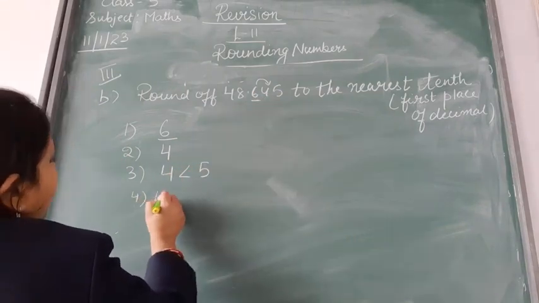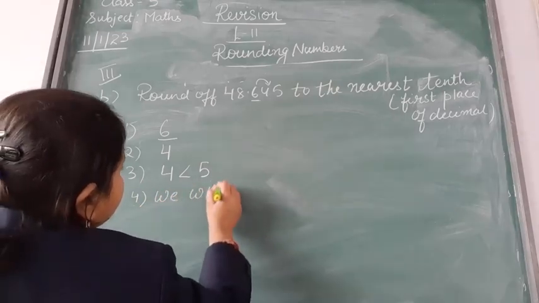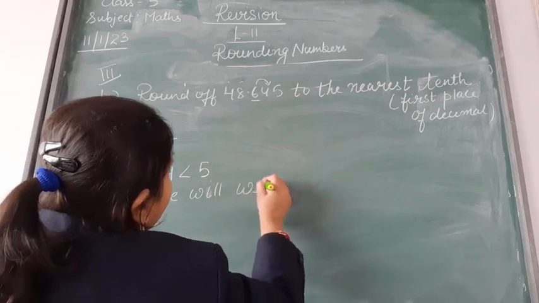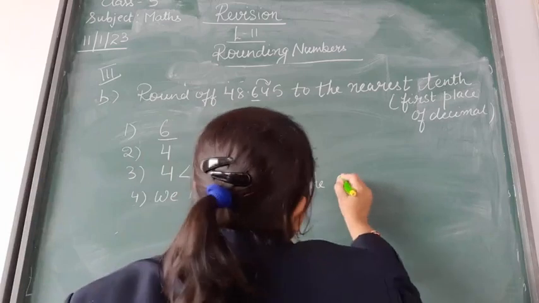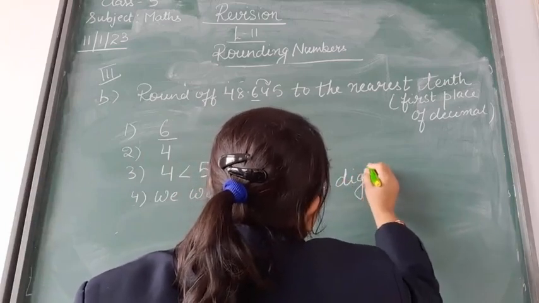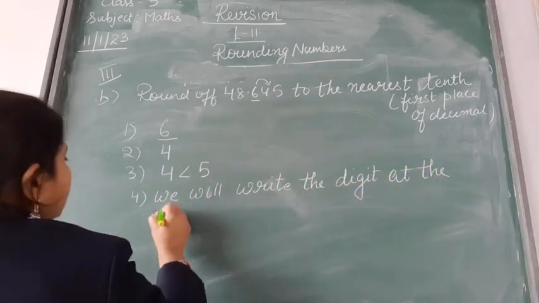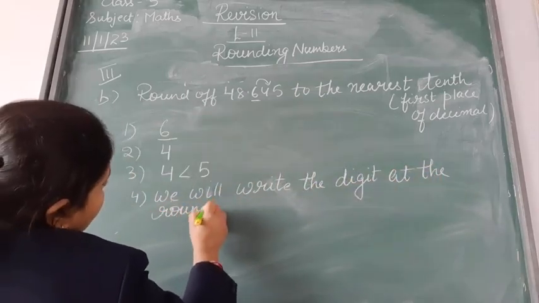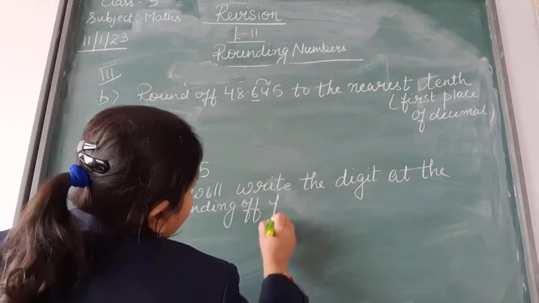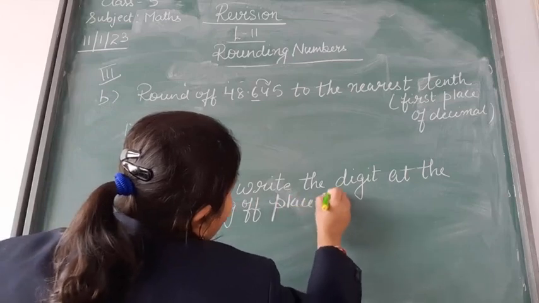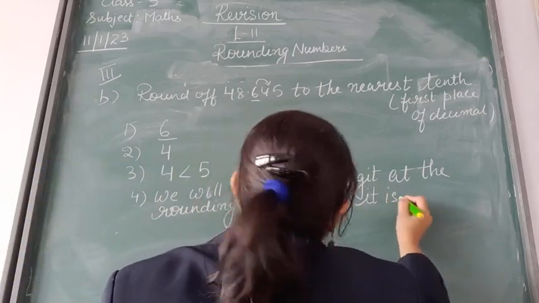So we will write the digit at the rounding off place as it is, right? As it is. We will not change it.